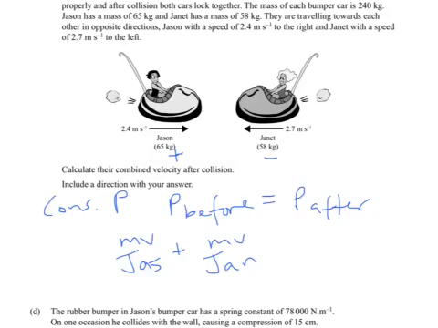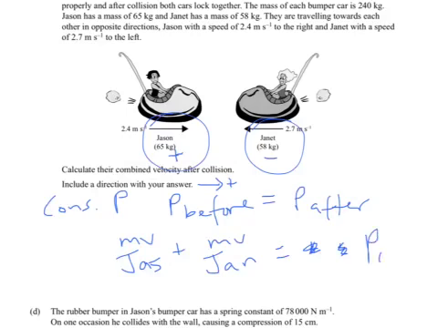Whatever your final answer, if it's positive, will mean that the final direction is going to be that way, the direction we took for positive initially. If it's in the other direction, Janet's direction, it would be negative. So you've just got to do that calculation and find out who has the greater initial momentum, and combine them. That'll get the magnitude.